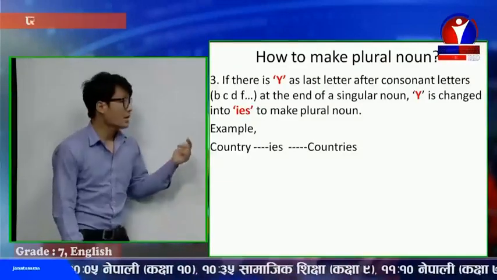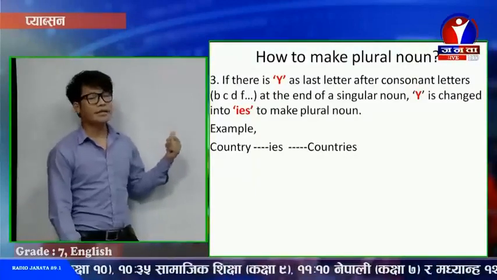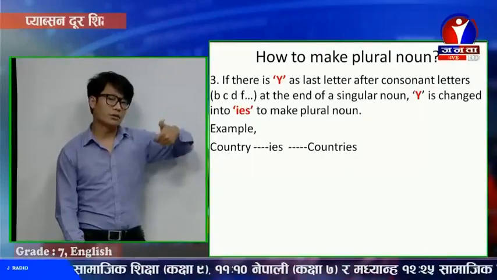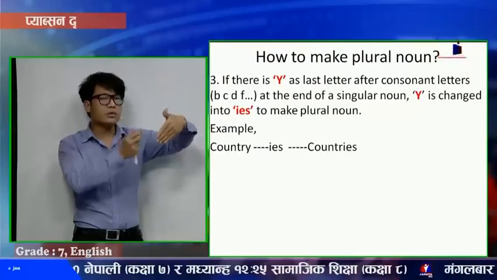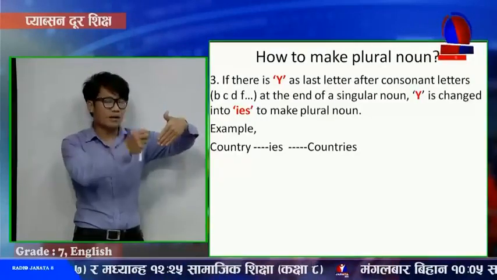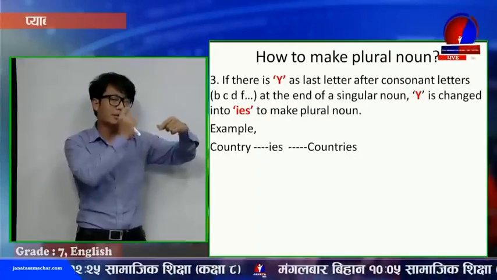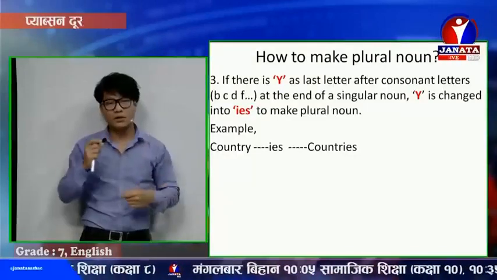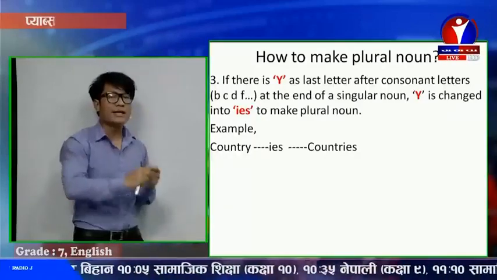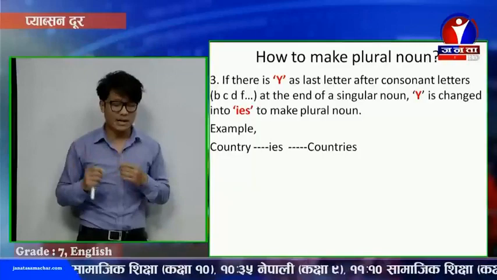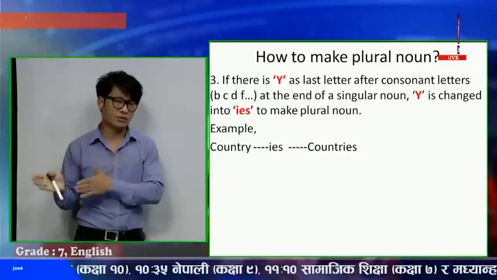You can see C-O-U-N-T-R-Y, country. Before Y there is R, and R is a consonant letter. And now we are going to change this Y letter into IES. Now country becomes countries.